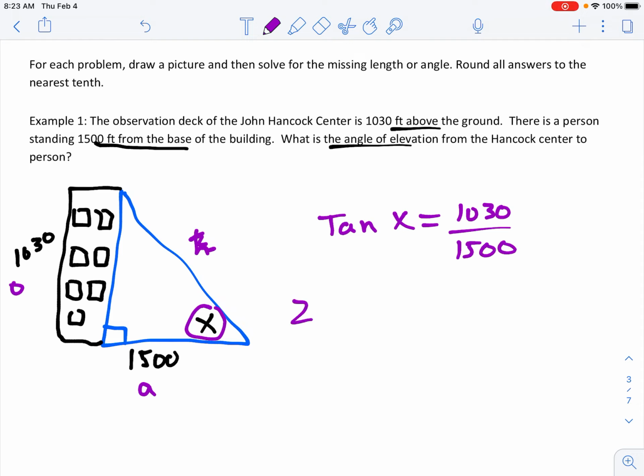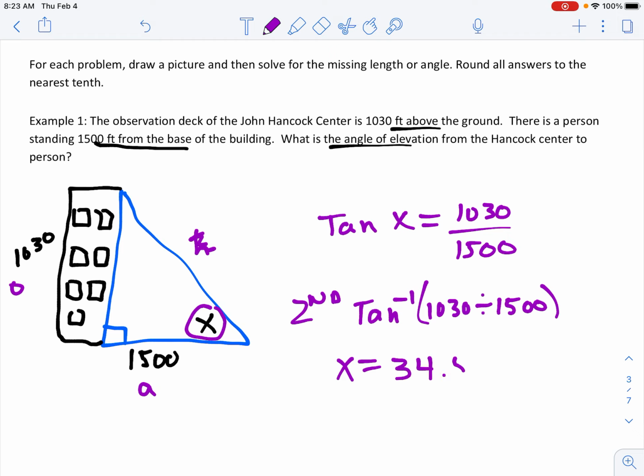Remember, when X is on this side, we're going to press second tan to get the inverse. Then we put in 1,030 divided by 1,500 and press enter. When you do that, it gives us 34.5 degrees.